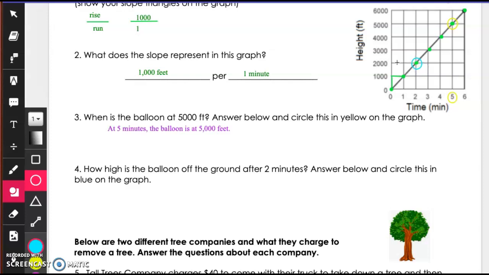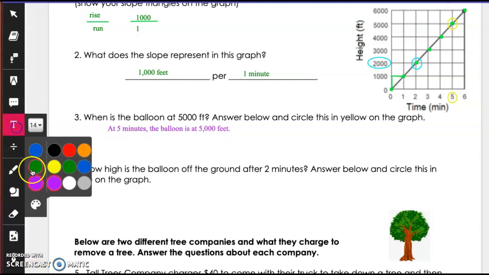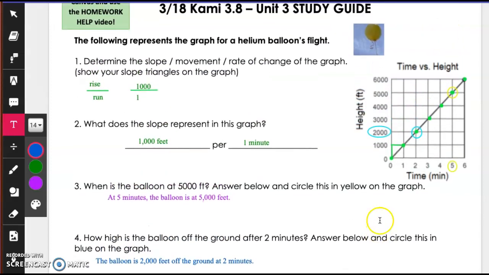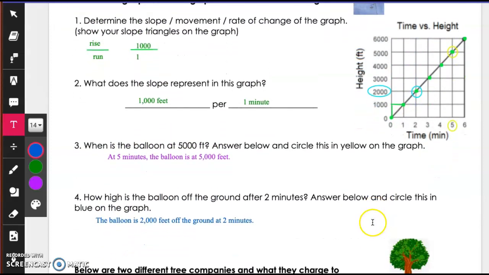And what is the height for this one? It is 2,000. So the balloon is 2,000 feet off the ground at 2 minutes. Awesome, cool. We read a graph and we answered some questions.